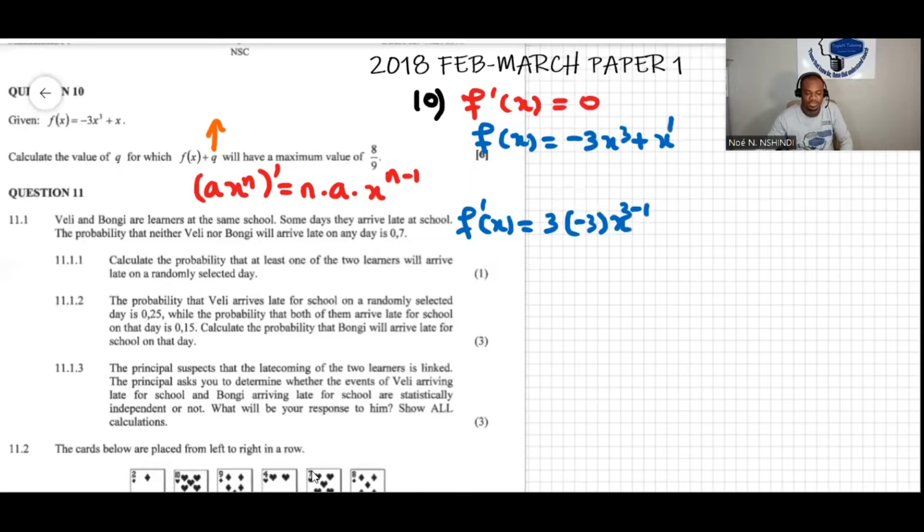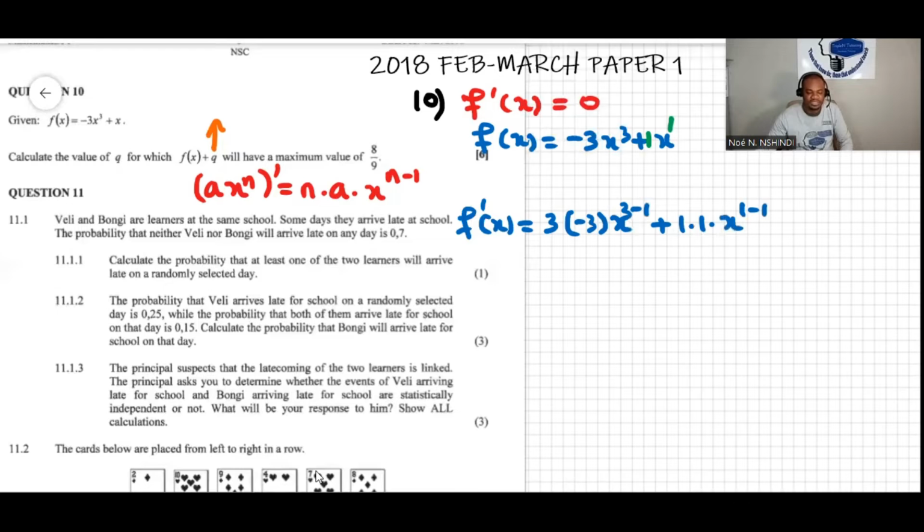Then plus, over here a is 1 and n is also 1, so it's going to be 1 times x to the power of 1 minus 1.